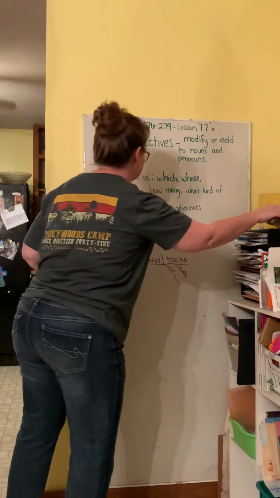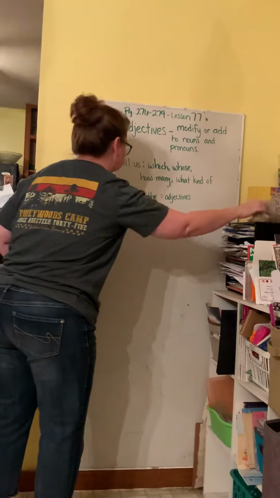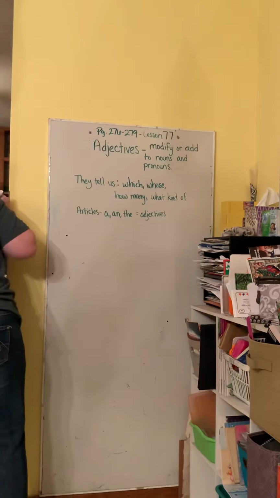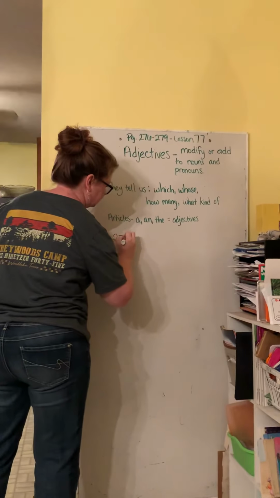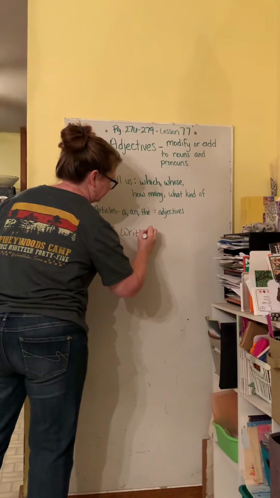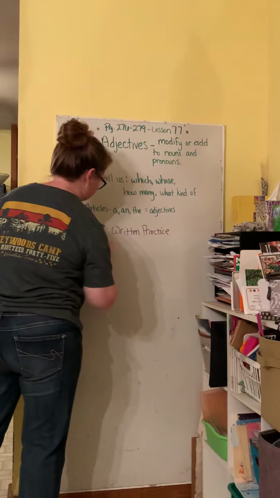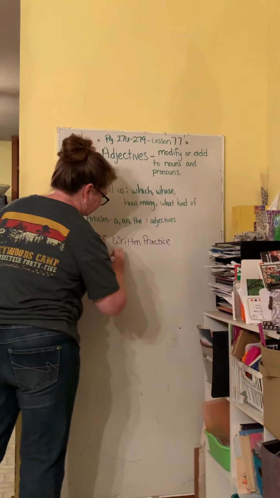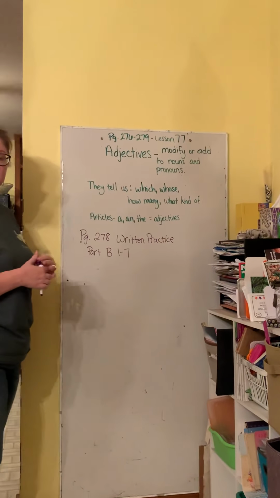And I'm going to text this out to your parents too. So page 278, written practice. Part B, 1 through 7. You're going to diagram those sentences.